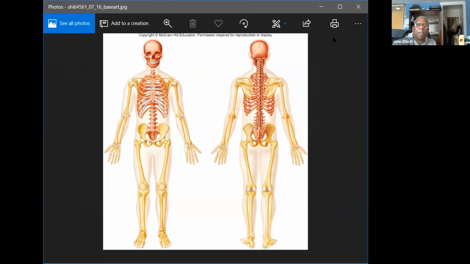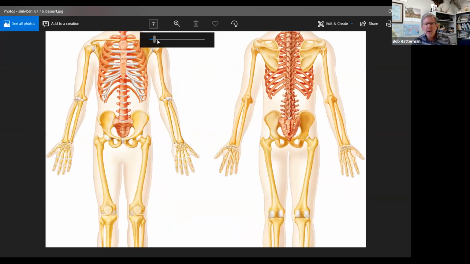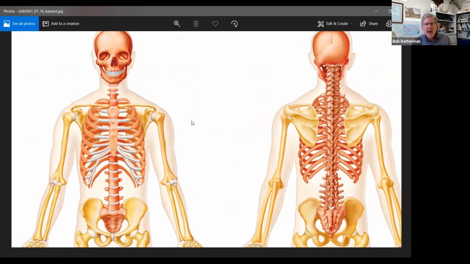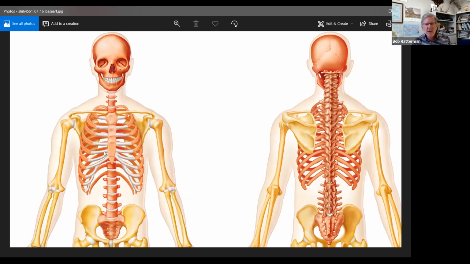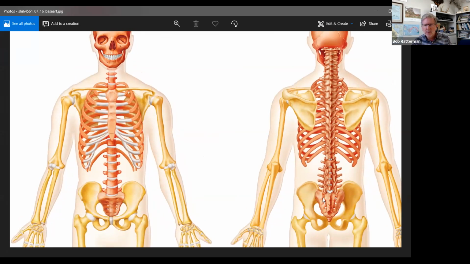Yes, I can see them. Okay. I can magnify this a little bit, which is great. So let's start here on the anterior view and just go down the line, and you tell me, if you can, what bone we're talking about. And maybe we could take turns or something. I don't know how you want to do this.